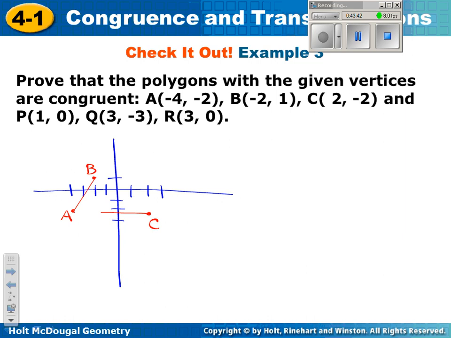It's got a mistake, doesn't it? Darn it. Yeah, no, if it says prove, then that means they are definitely congruent. So I knew one of these had a mistake. I couldn't remember which one it was, and I didn't get it changed because of that. Sorry, guys.